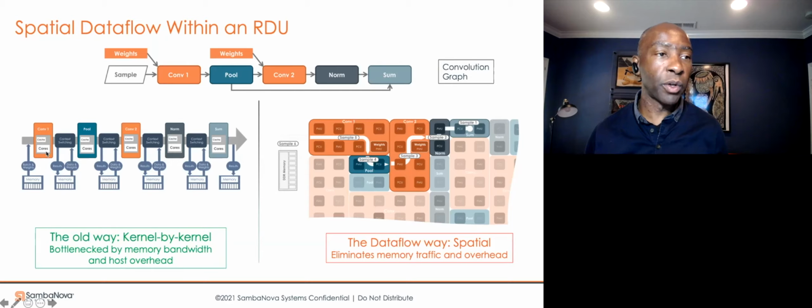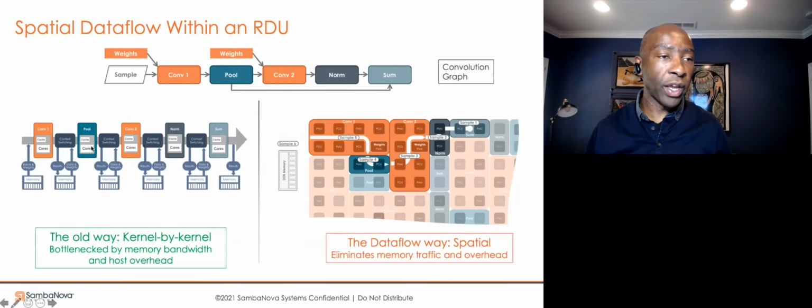The first convolution would complete and put its results in off-chip memory, and then the host would get involved, and the next kernel, pool, would be executed, and then the pool would get the results from the off-chip HBM, pull them in, start executing, and dump its results to the off-chip HBM, and so on, right?